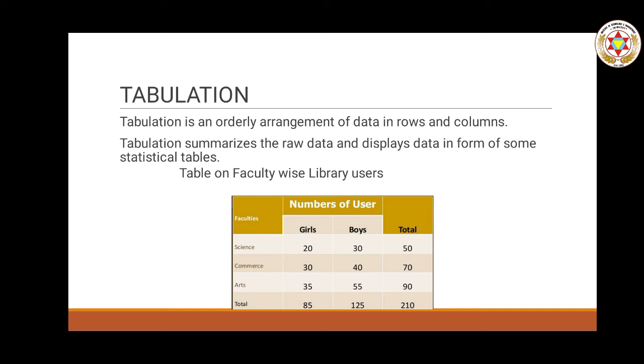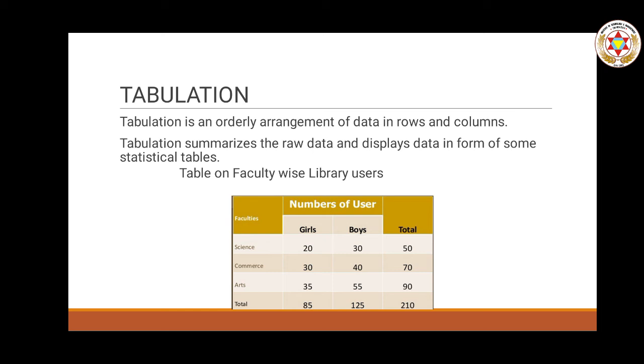That's why tabulation is necessary, as tabulation summarizes the raw data and displays the data in the form of some statistical tables. Like here we have one example of the library users.